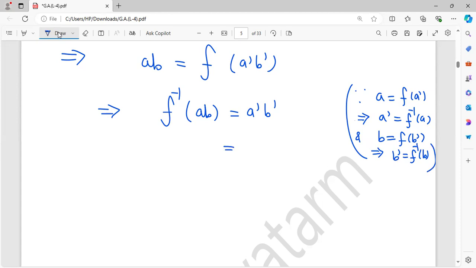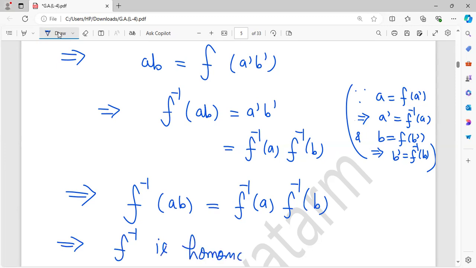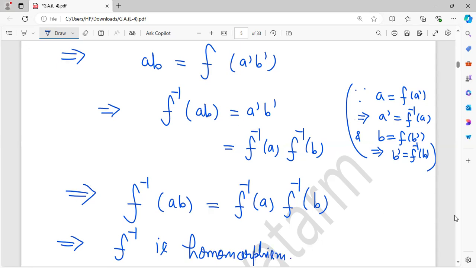Now put these values here. So we have f inverse of ab is equal to f inverse of a times f inverse of b. So this implies f inverse is a homomorphism.